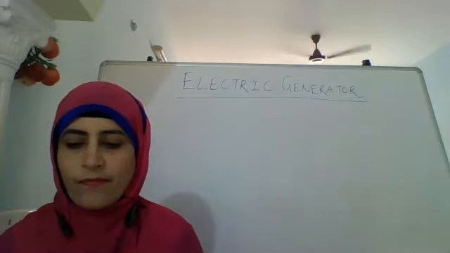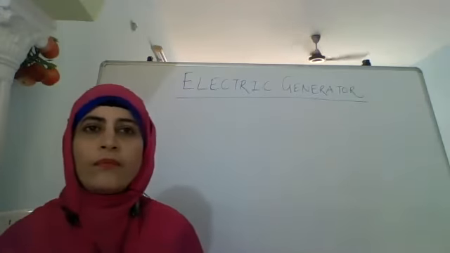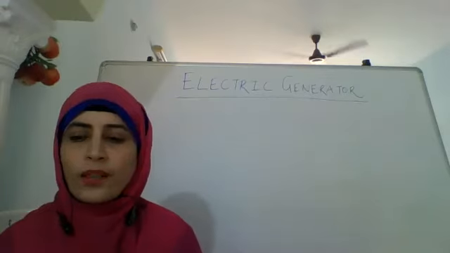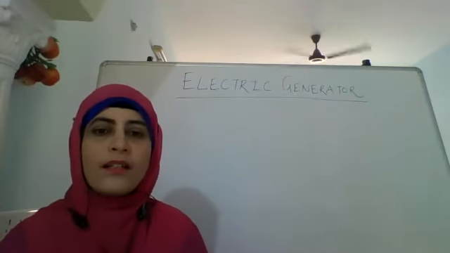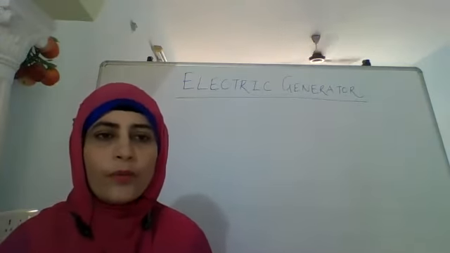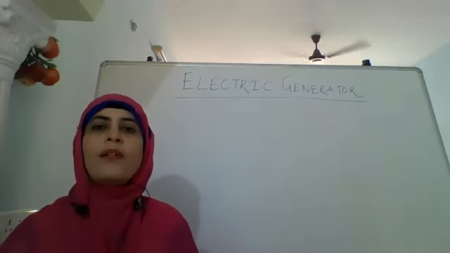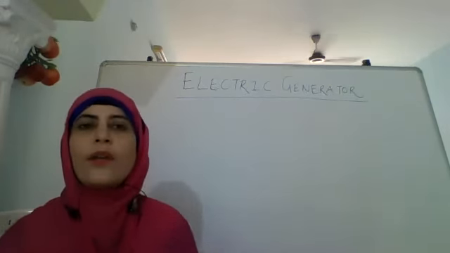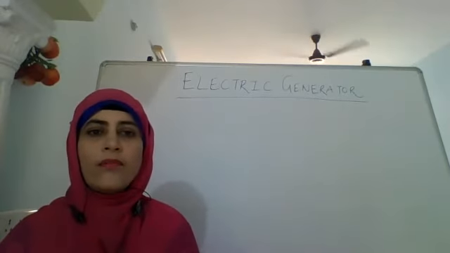Don't know. Okay. If you don't know, just mute your mic. Because this is a generator. This is not going to use electricity. So what is the principle it is going to work on? Fleming's right hand rule. Good.